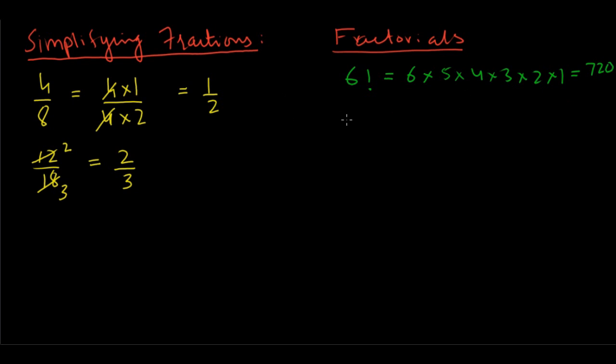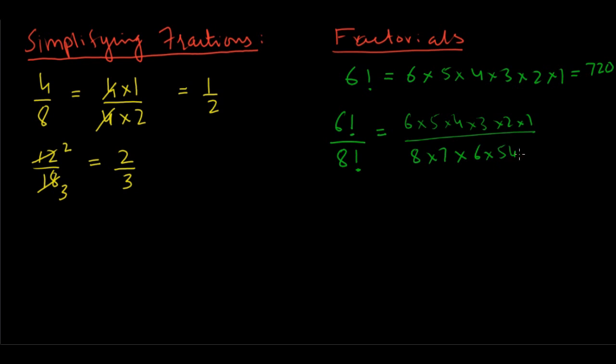Sometimes you'll have fractions with factorials, like 6 factorial over 8 factorial. In these cases, you can always simplify them, which will save you a lot of time compared to using a calculator. 6 factorial we know is 6 times 5 times 4 times 3 times 2 times 1, over 8 factorial, which is 8 times 7 times 6, and from there onwards it's actually 6 factorial.